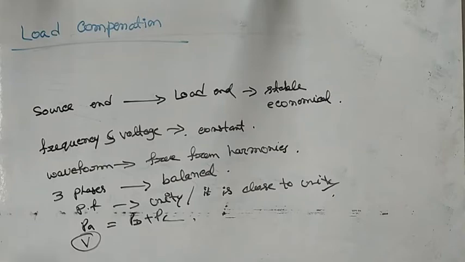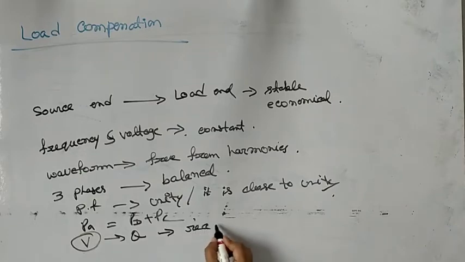Now, as in the previous video we have studied, the voltage depends on the reactive power of the system. So in order to achieve the optimum performance of the power system, it is required to control the reactive power in the network, and this is only possible by applying the reactive power management at different loads.